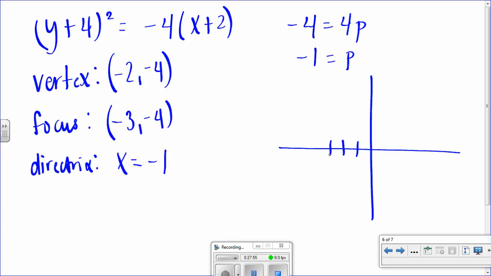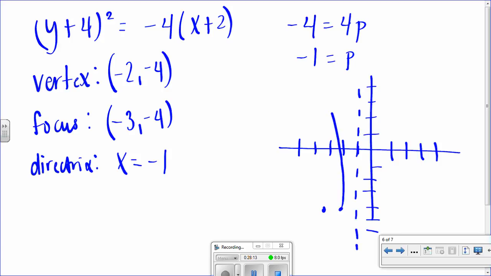Right, let's graph it. So I have a vertex at negative 2, negative 4. After we figure out that stuff, we can sketch a graph.